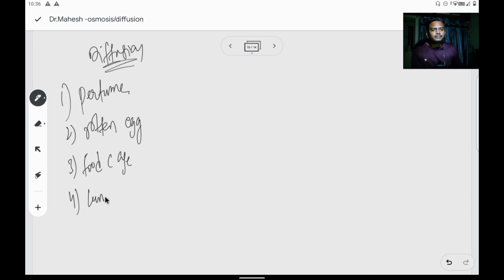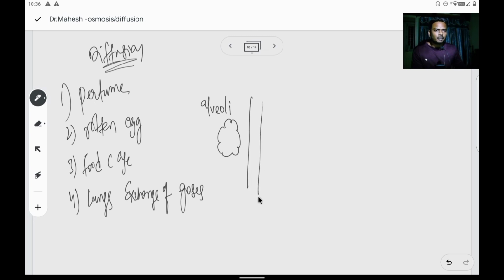And in lungs, exchange of gases. Some may not understand this, but it's very simple. In lungs we have alveoli, and there are blood vessels. Between them there is an exchange of gases.